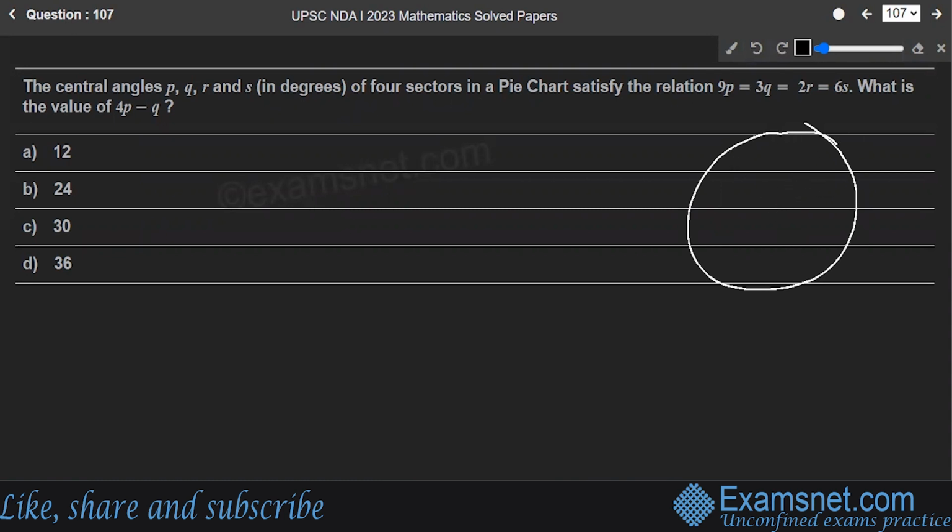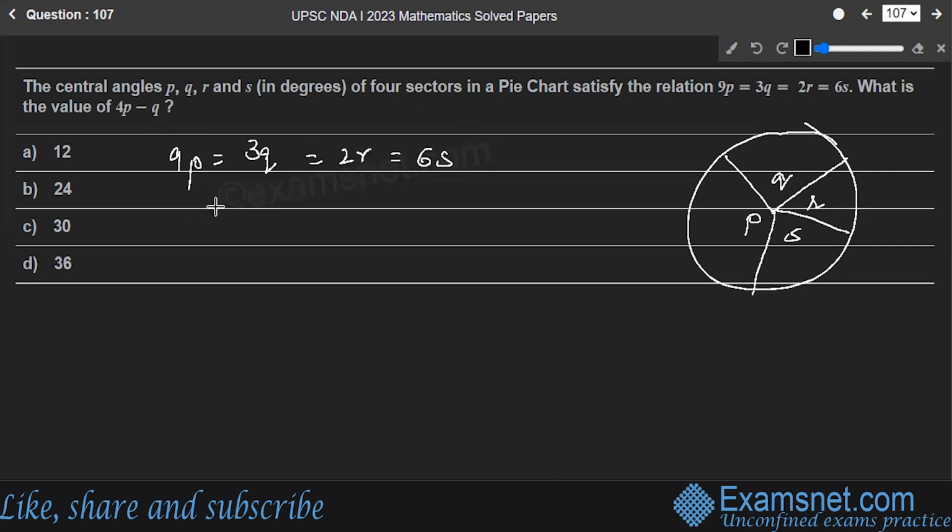And this is the center. So the 4 angles, let this be P, Q, R, S. So these are the 4 sectors. These are the angles P, Q, R, S of 4 sectors of the pie chart, which satisfies the equation 9P is equal to 3Q, 2R, 6S.